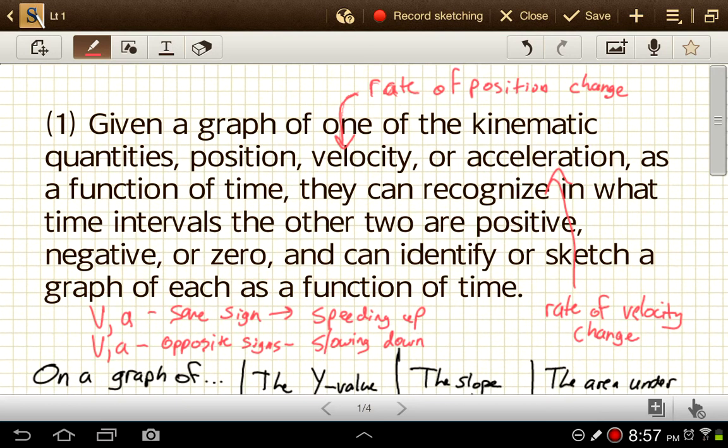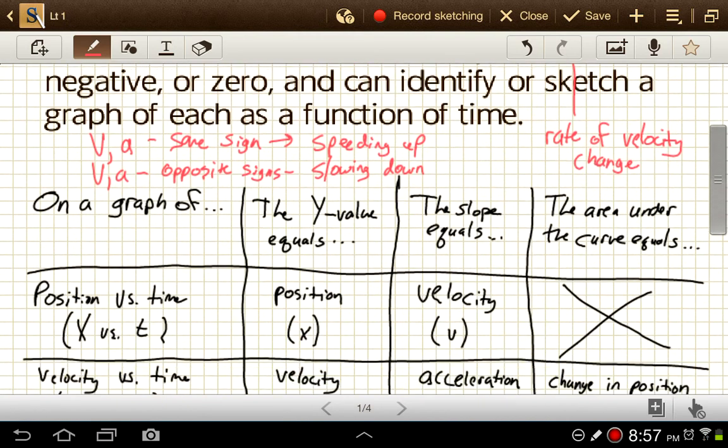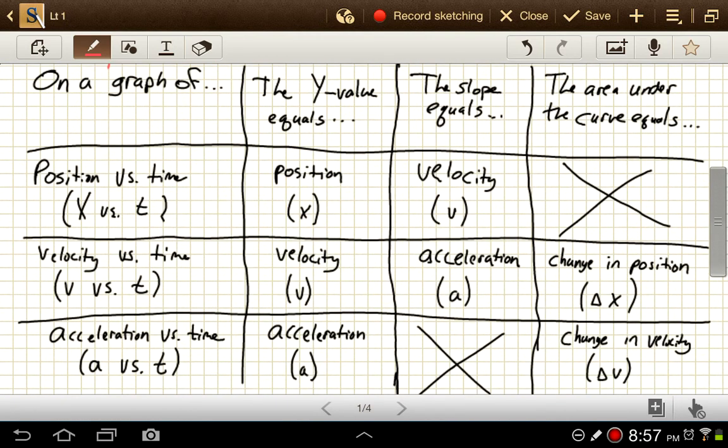Now, in terms of graphing these quantities and the relationships that we need to know there, our simplest graphs, or at least the easiest to understand, I think, are position versus time graphs. We usually use an x for position. So that graph on the y-axis is going to show where that object is, and the x-axis is going to show at what time the object is at that location.